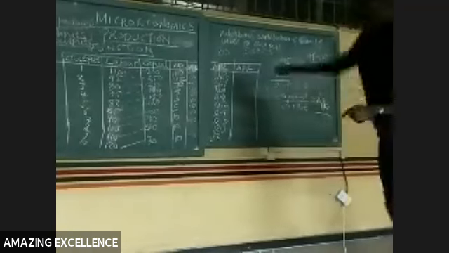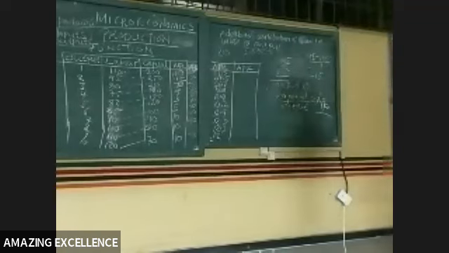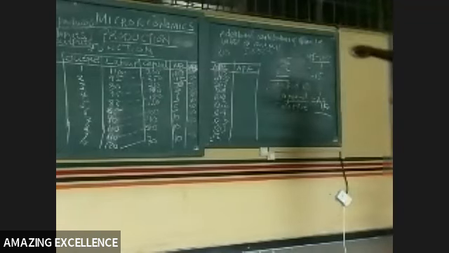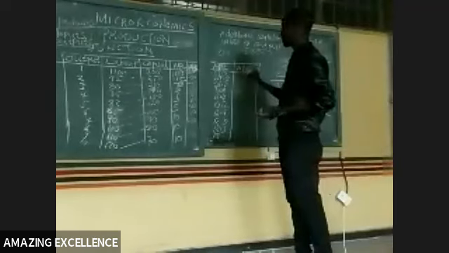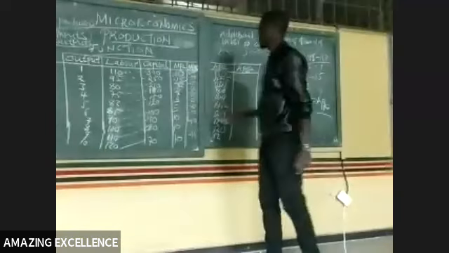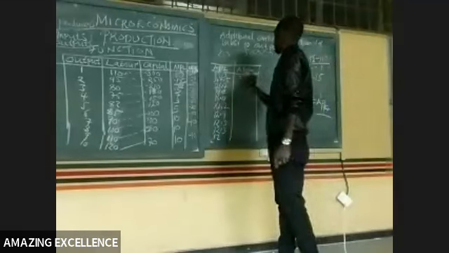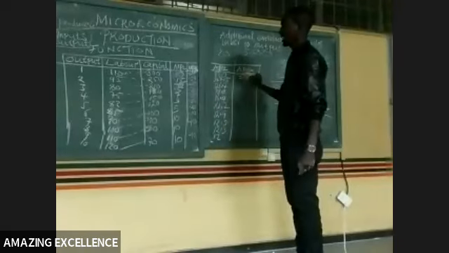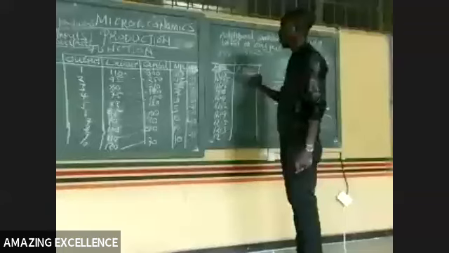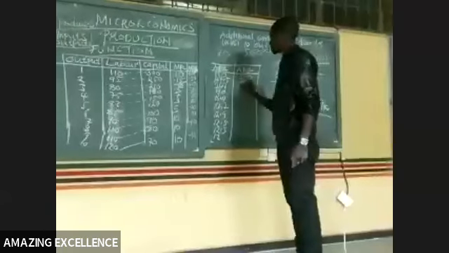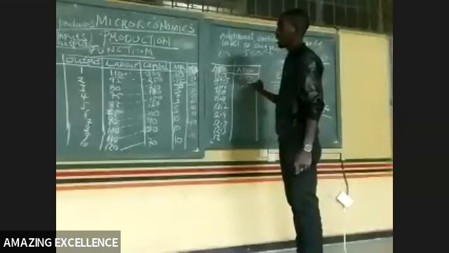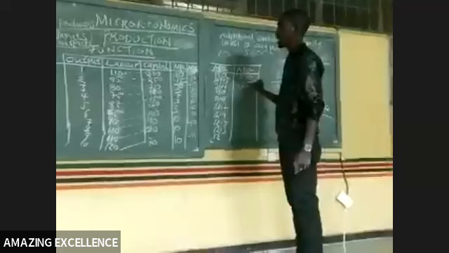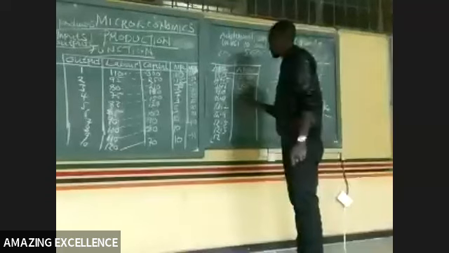So how do you find the average product of capital? We divide capital by output. The first one is 300 divided by 1, giving us 300. The next one is 250 divided by 2, 125. The next is 210 divided by 3, it's 70.